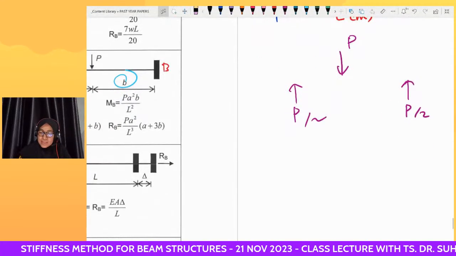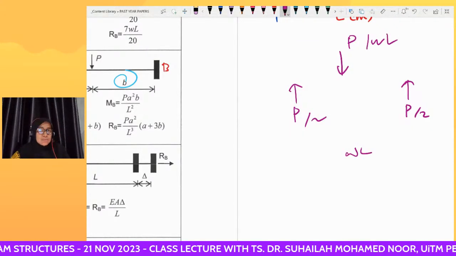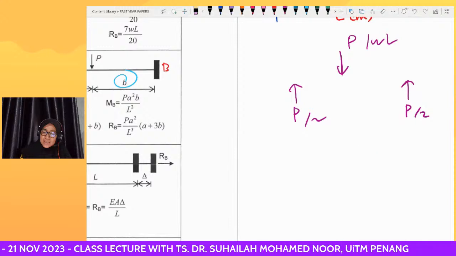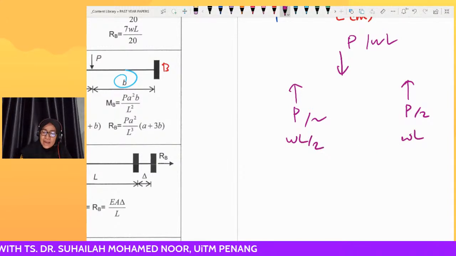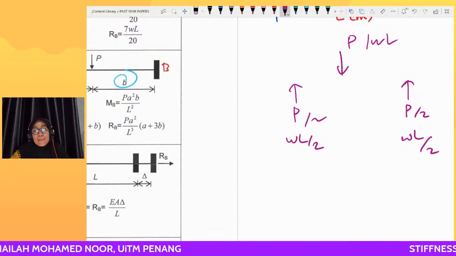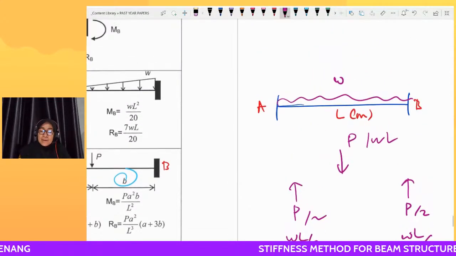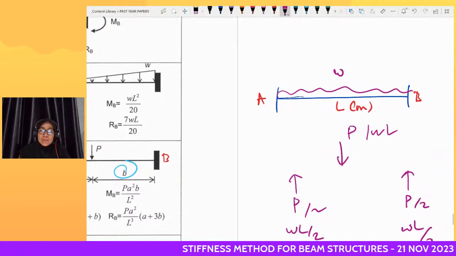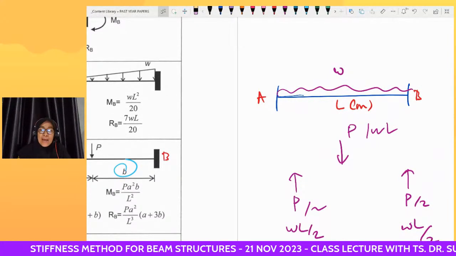When it is WL, we get WL over 2, WL over 2, in kilonewtons. But what about the moment direction for A and B?